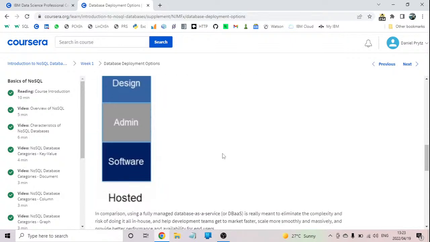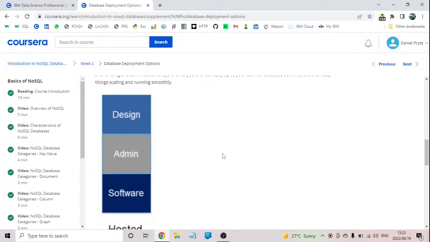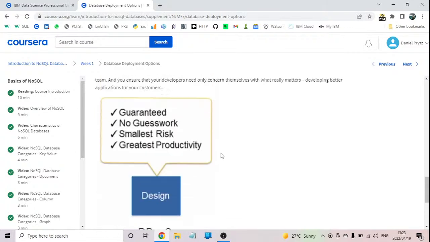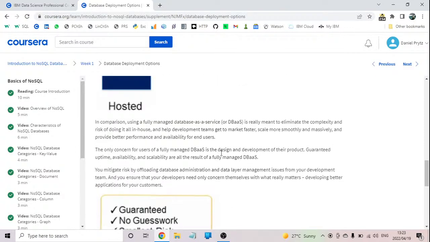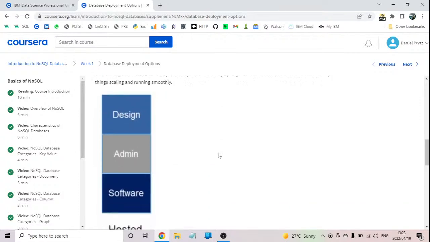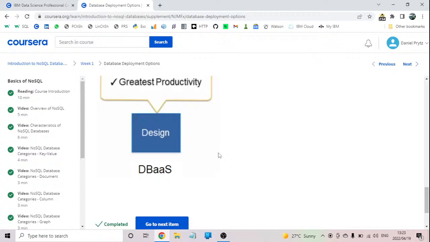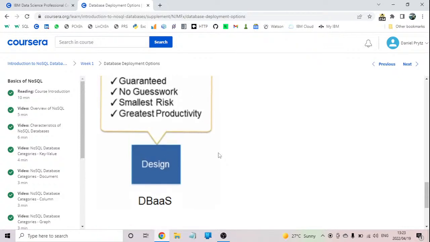This one is just design, admin. Oh, sorry, hosted. Wait, what? Oh, the next one is DBAS. Okay, so the next one is actually the one they say is best, right?